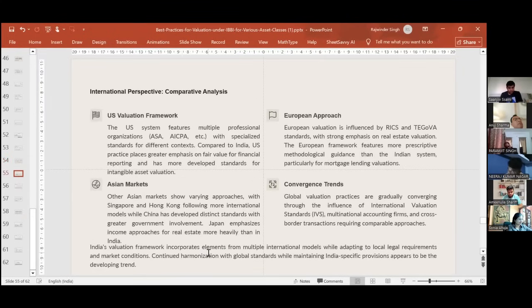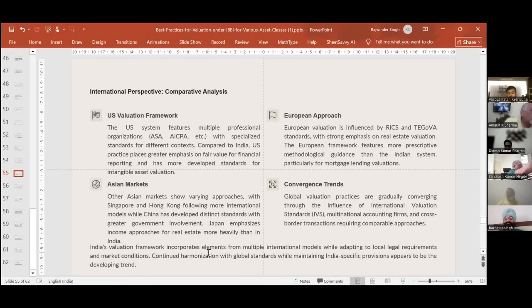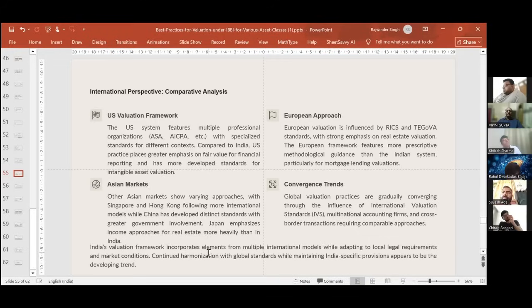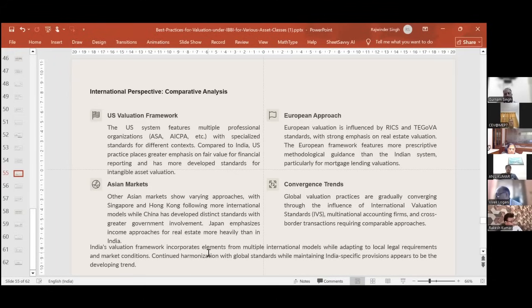So, as far as the international valuation procedure framework is concerned, here we will discuss the comparative analysis of different countries and regions as compared to Indian or Asian regions.